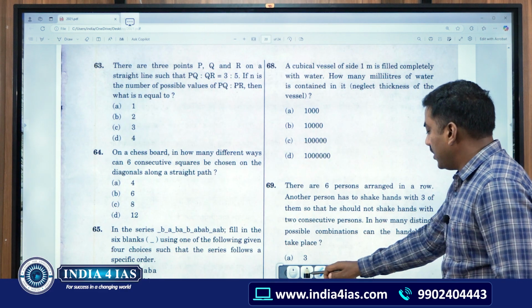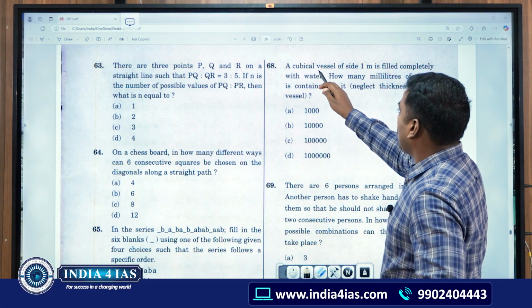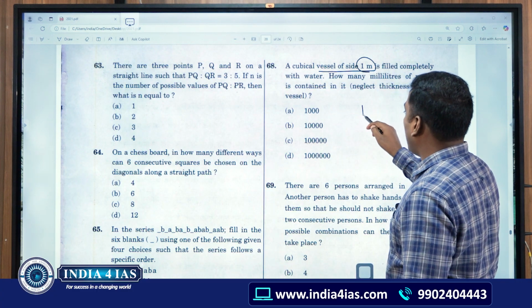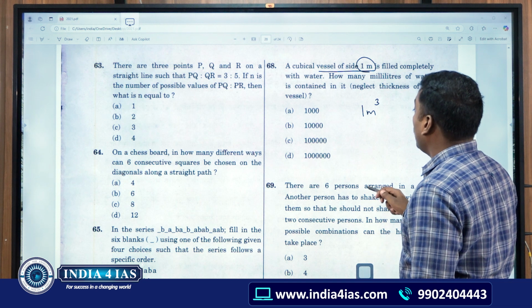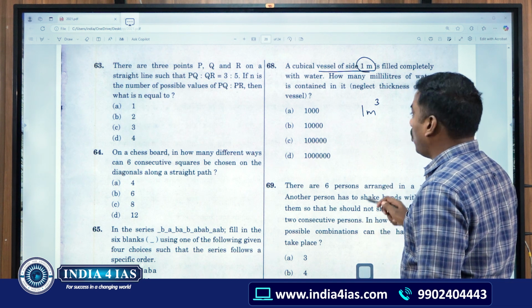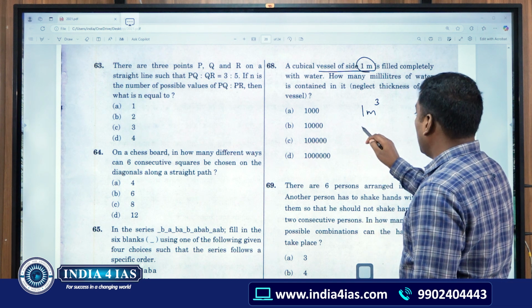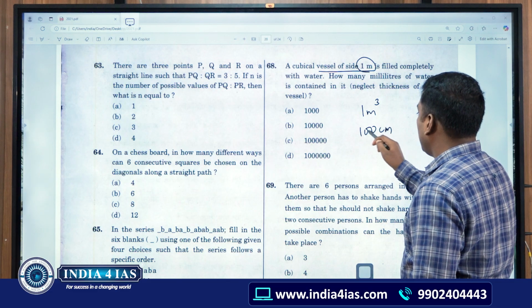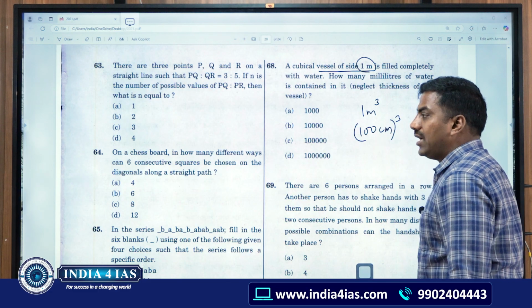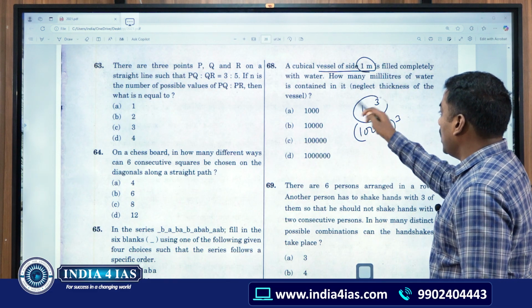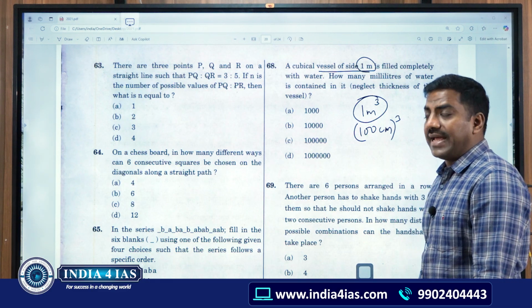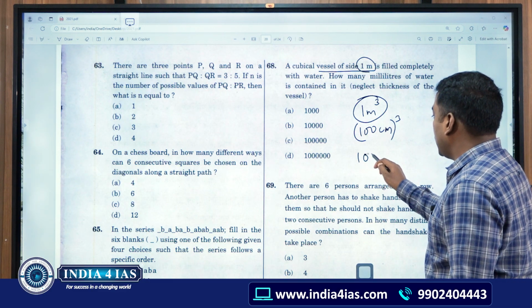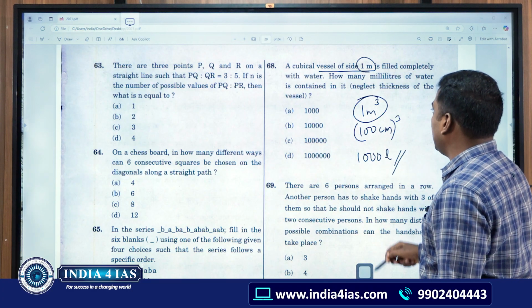So here it is a general knowledge question. A cubical vessel of 1 meter. So 1 meter into 1 meter into 1 meter is 1 meter cube, that is 100 centimeter cube. Generally a 1 meter cube cubical tank will accommodate 1000 liters of water.